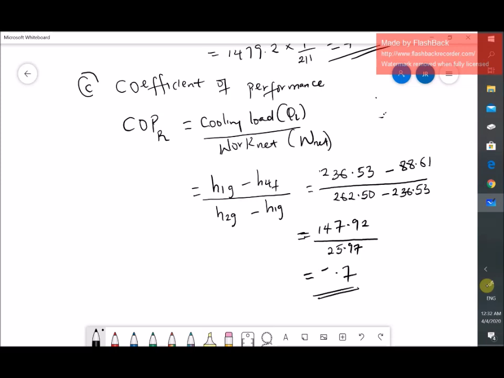So this is the coefficient of performance of the system. As you can see, COP has no units. All right. Now this is the solution to the example.